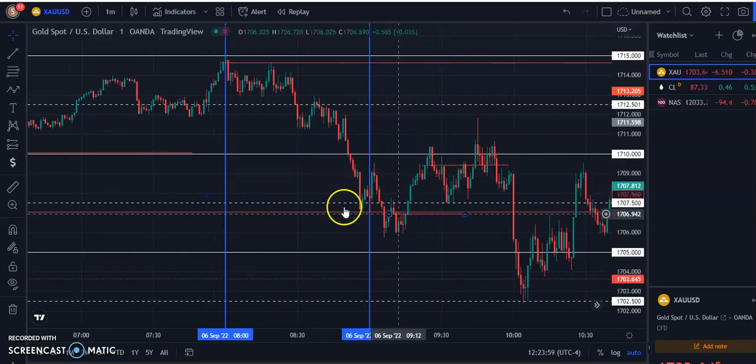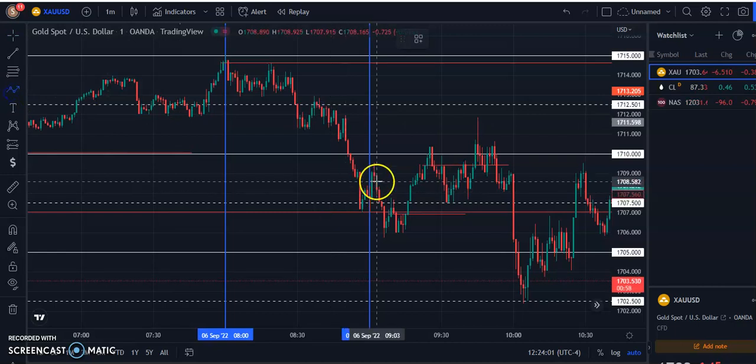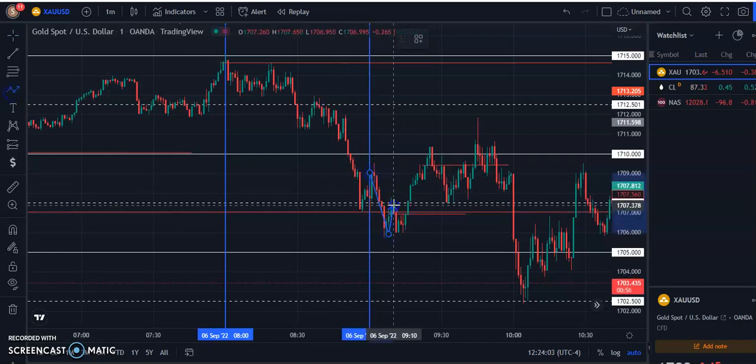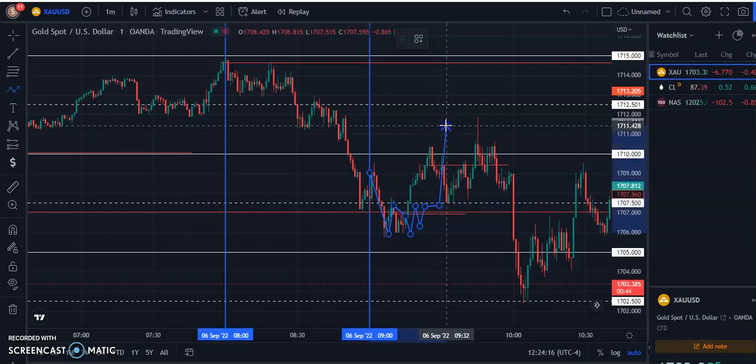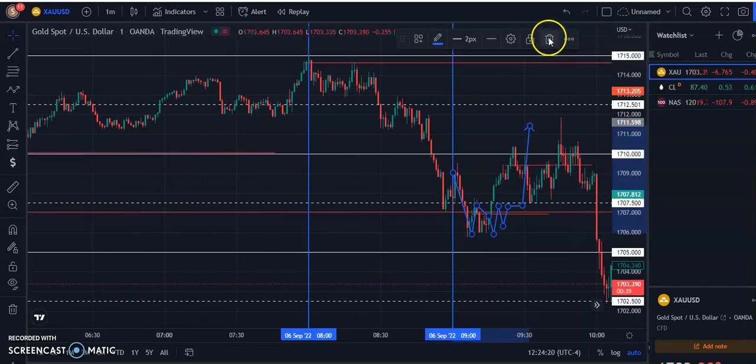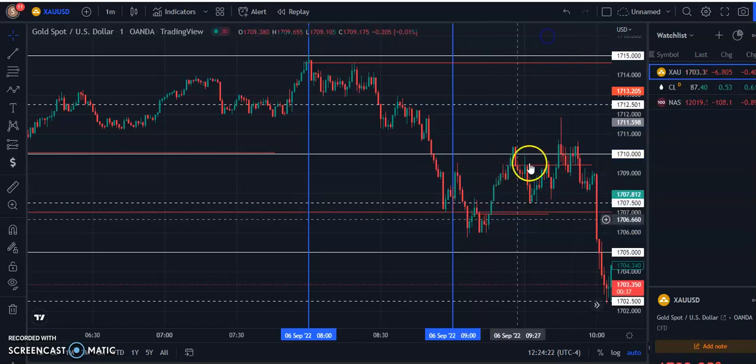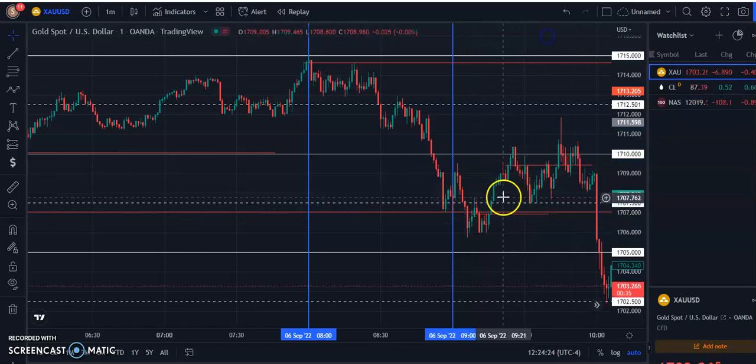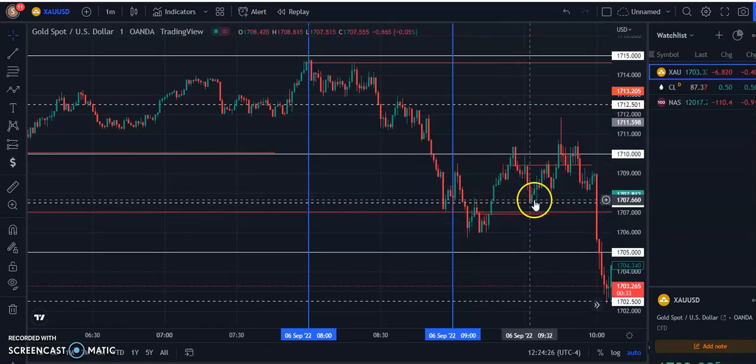If it would have formed here, then broke structure, retested and engulfed for the move up, that would have been a nice setup. But this is a clear indication they are coming back for the money.